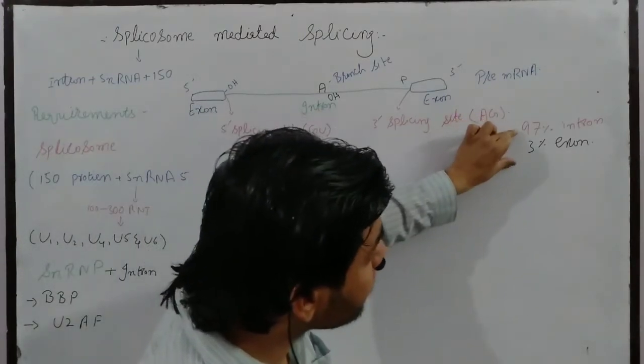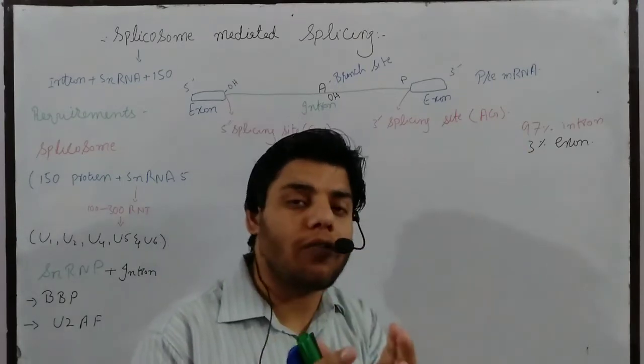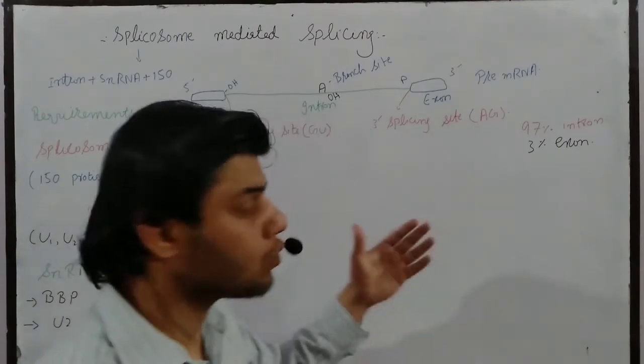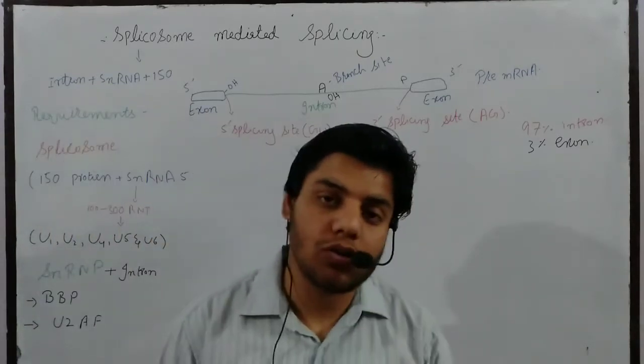Among these, almost 2.5% of the region just codes for the protein. So just think about that. This is the main thing we need to know.